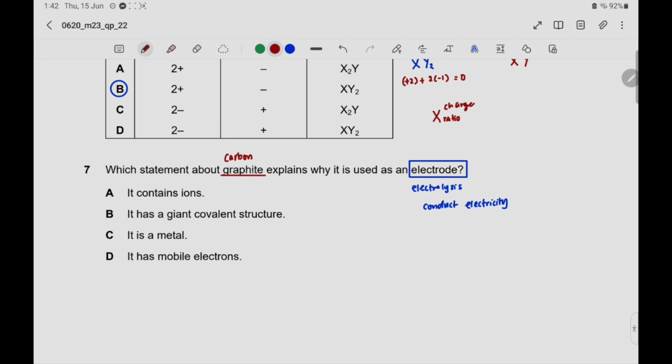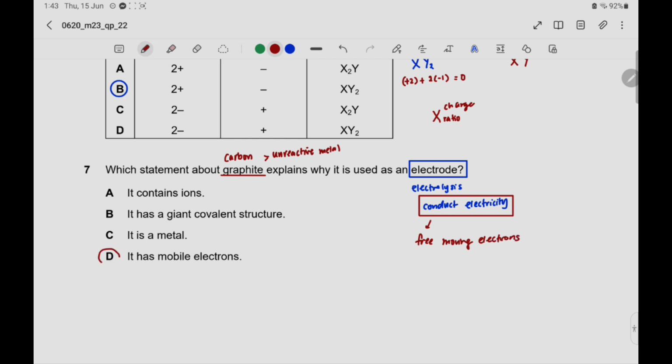Okay, you can also use platinum. They are known as unreactive metal. So what is the usage of this unreactive metal? They want to conduct electricity. In chemistry, in physics, every time you want to say conduct electricity, conduct electric heat, you must have free moving electrons because protons cannot move, right?